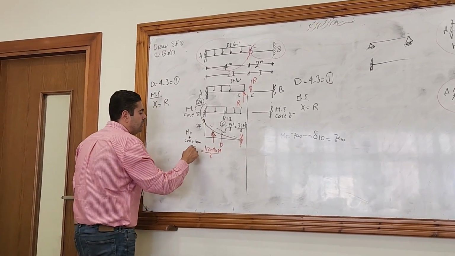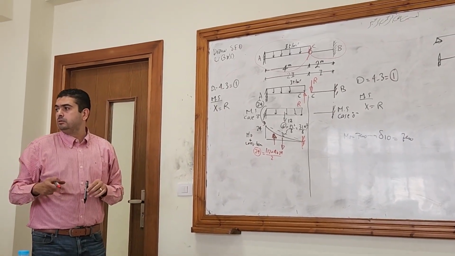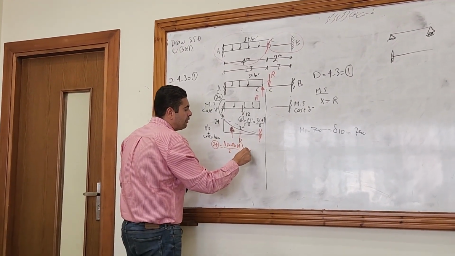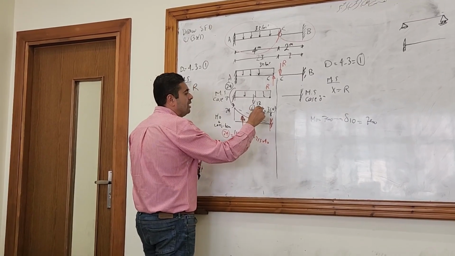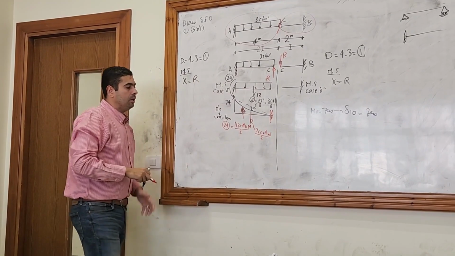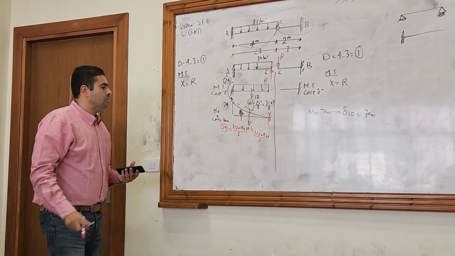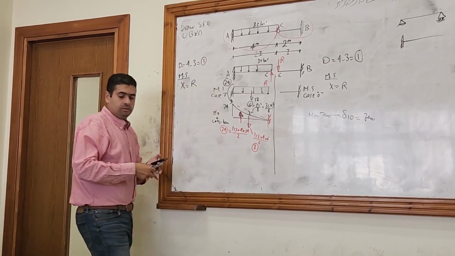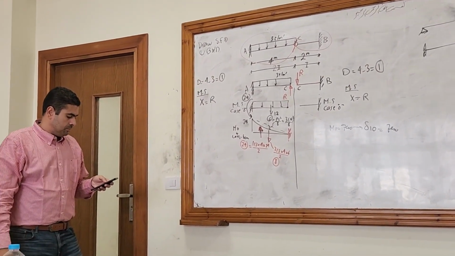So here it will be 24, right? Are you confused? The parabola, 2 over 3 base 4, height is PL square over 8, which is 6, divided by the inertia, which is 2. I think it will be 8, right? Okay.